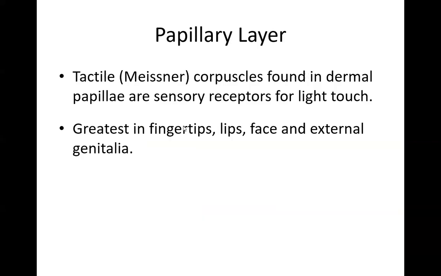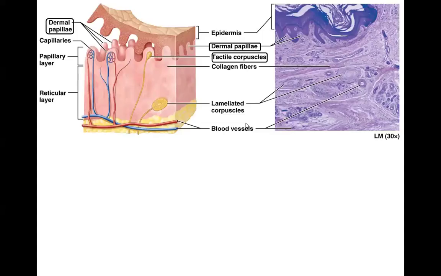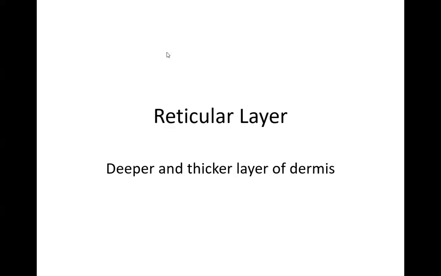The papillary layer has tactile or Meissner corpuscles found in the dermal papilla, and these are sensory receptors for light touch. These are the greatest in the fingertips, the lips, the face, and the external genitalia. You see, these are the dermal papilla. They are right beneath your epidermis.